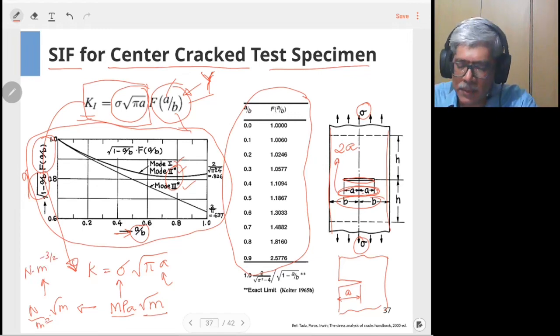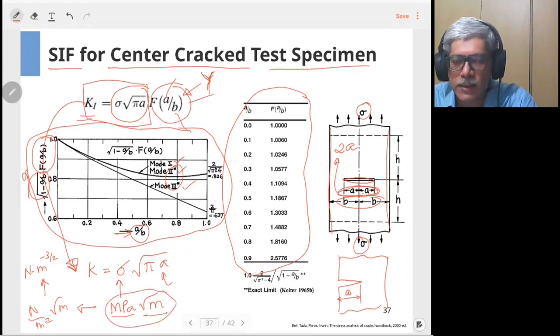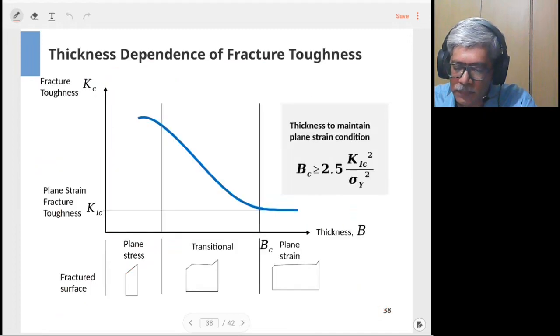So those are the different ways in which the units of stress intensity factor are written. That is what is to be noted in the calculation. When we are doing the calculations, we will further describe these units.